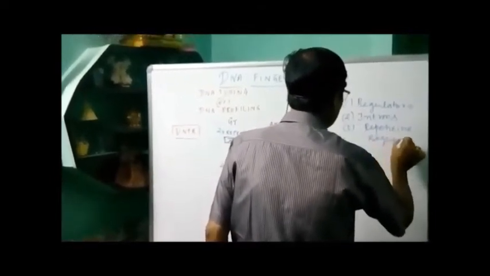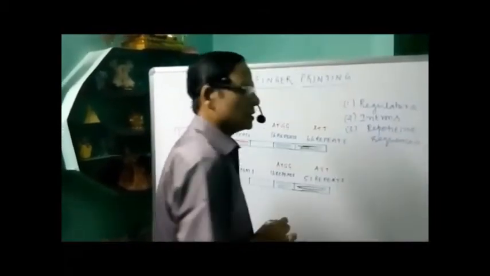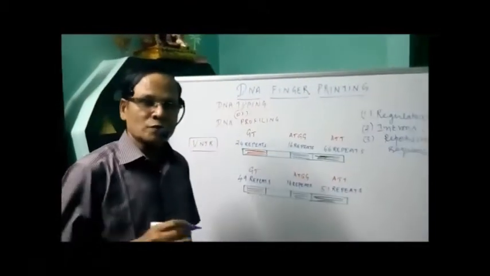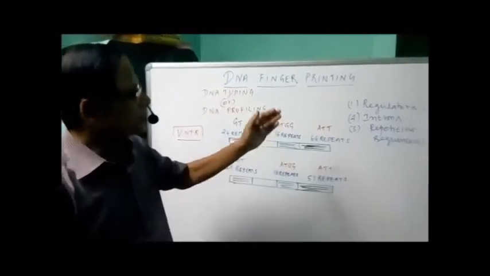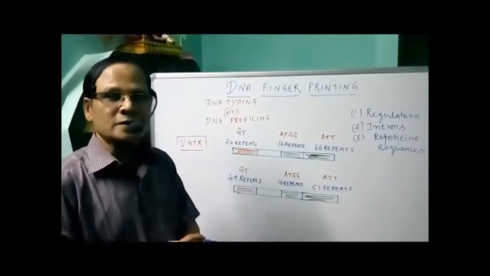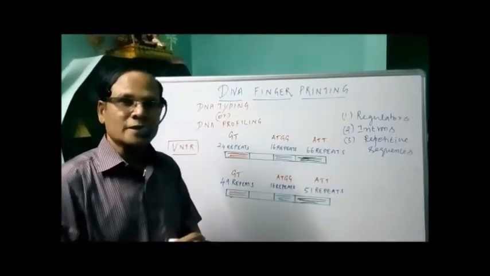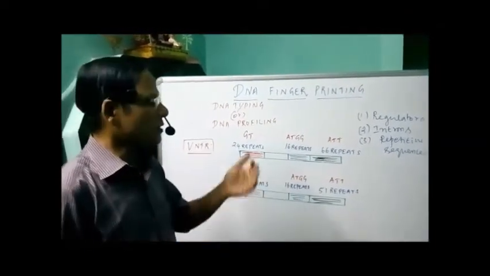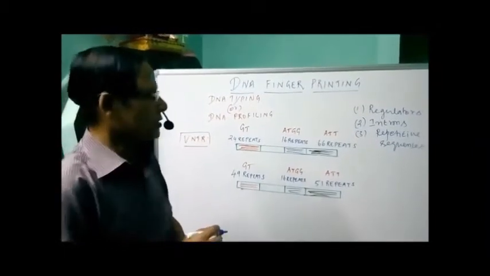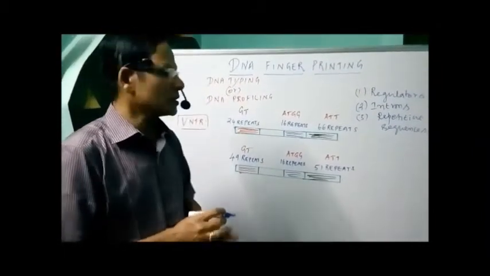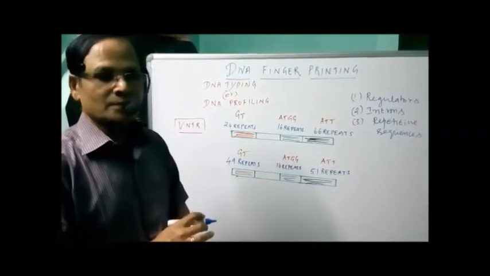So the entire DNA is not coding for a protein. Some segments act as regulators, some act as intervening sequences, the introns, which are non-coding sequences, and some segments are in the form of repetitive sequences.